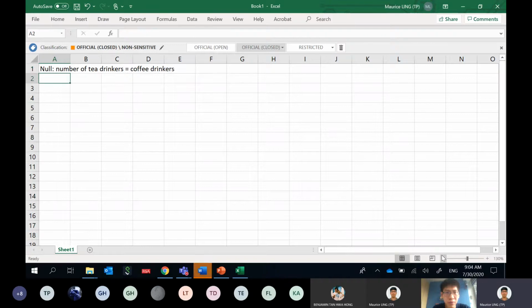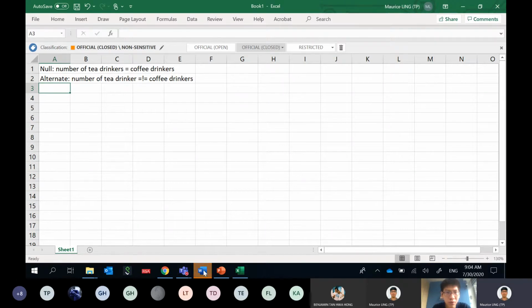The alternate hypothesis is that the number of tea drinkers is not equal to the number of coffee drinkers.